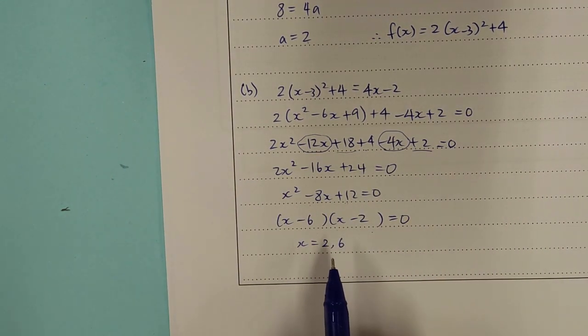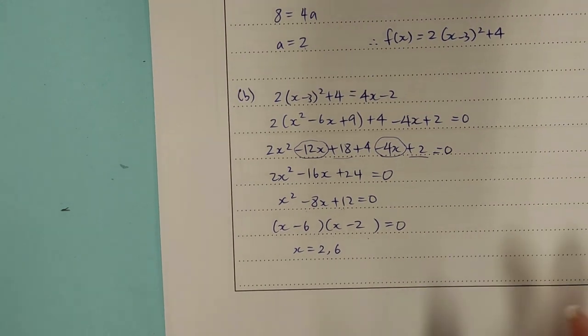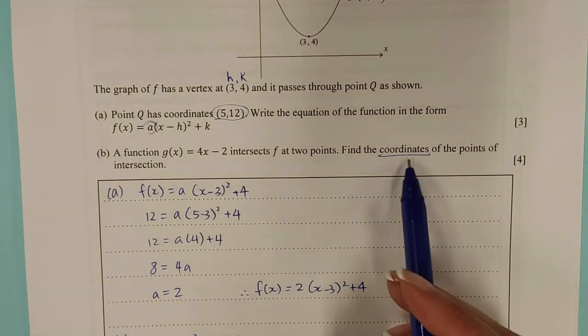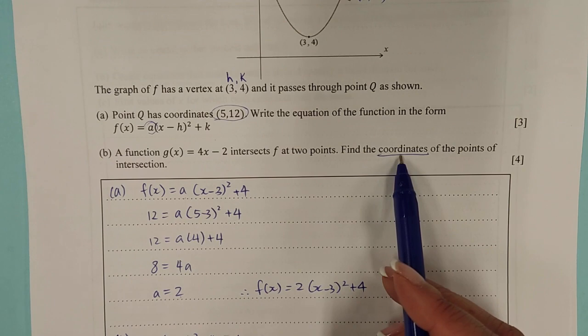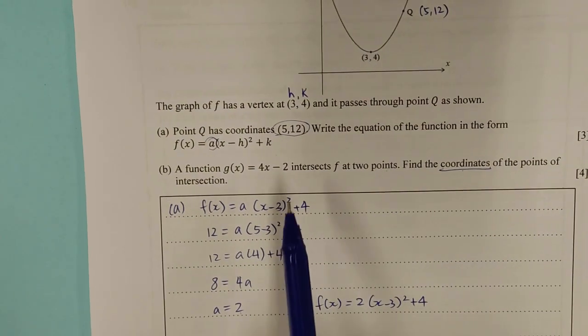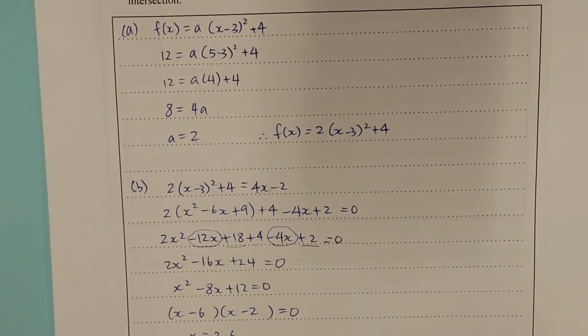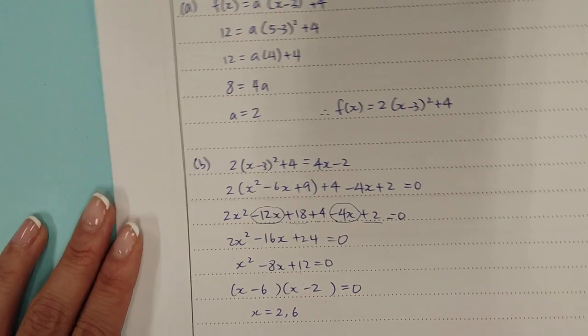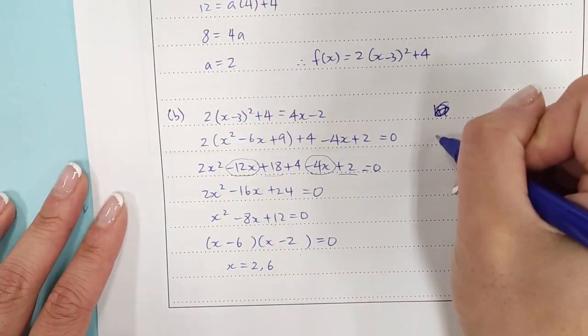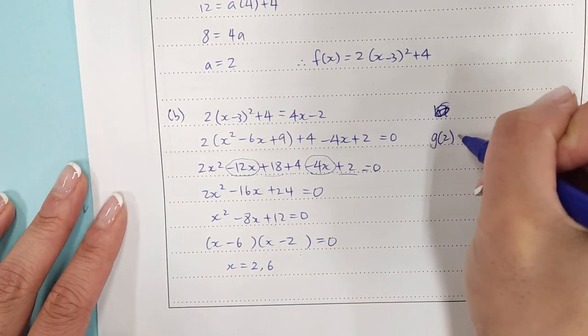Now, those are just our x coordinates. Remember, we're asked to find the coordinates of the points of intersection, so we need their corresponding y values as well. We can plug those x values back into g(x) to find their corresponding y values. So let's go ahead and do that. Let's look for g(2).